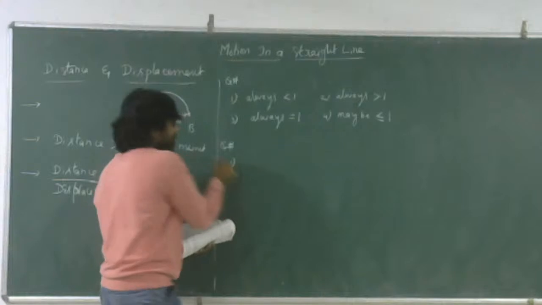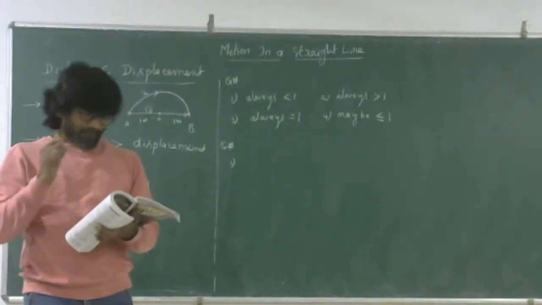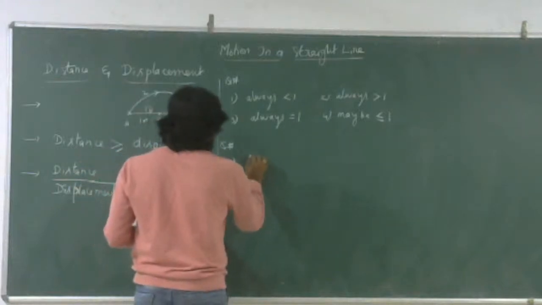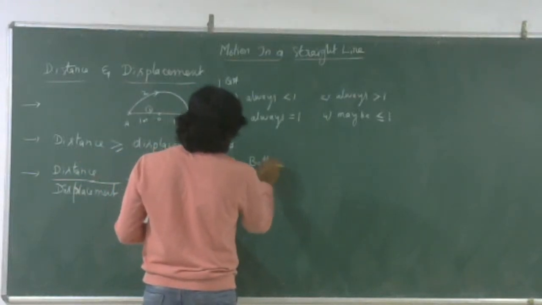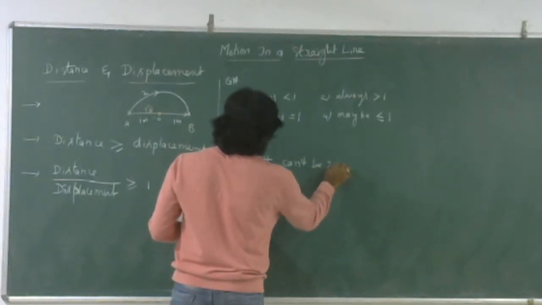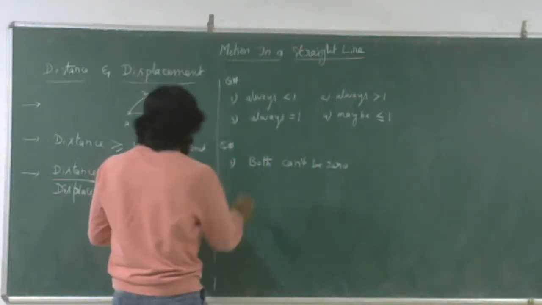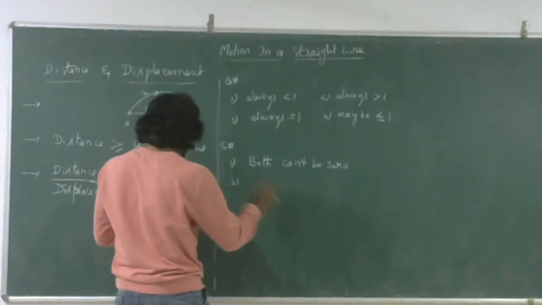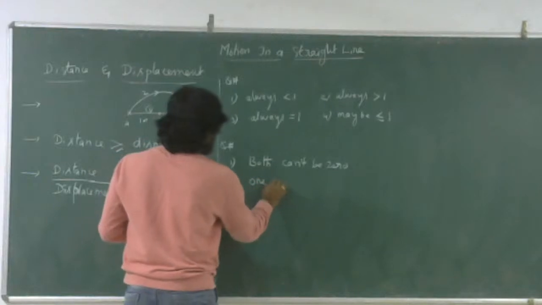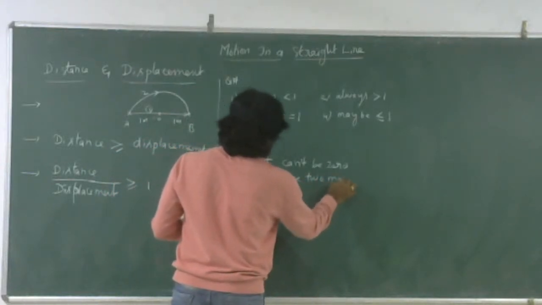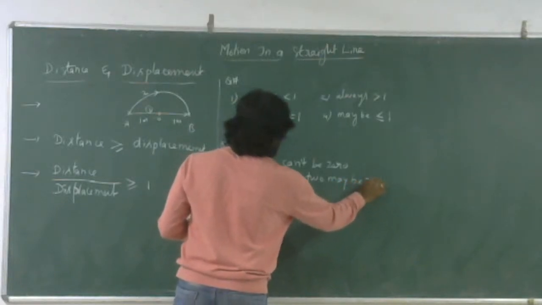Options. First option, both cannot be 0. Second option, one of the two may be 0.